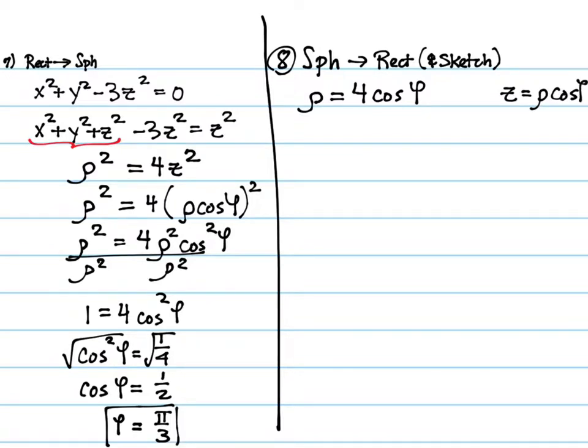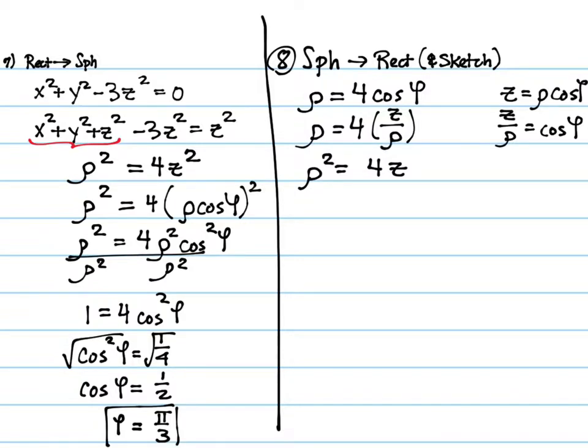If we solve for the cosine of phi, we can see that z over rho is equal to cosine of phi, right? So I'm going to replace the cosine of phi with z over rho. And then I can multiply the rho to the other side. So this is rho squared equals 4z.